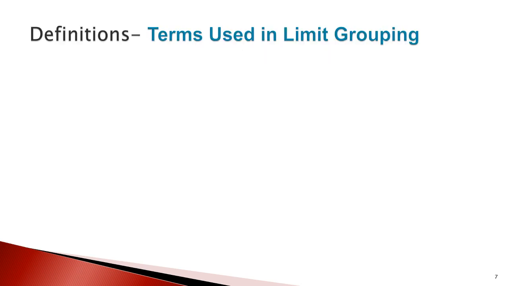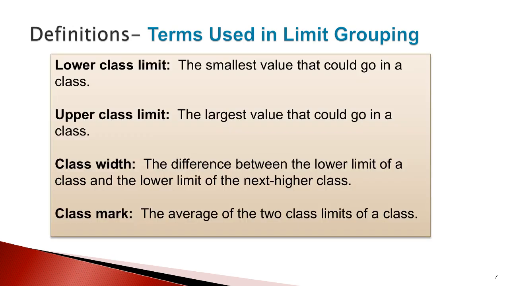There are some definitions that we use in limit grouping. Lower class limit is the smallest value that could go in a class. The upper class limit is the largest value that could go in a class. The class width is the difference between the lower limit of a class and the lower limit of the next higher class.